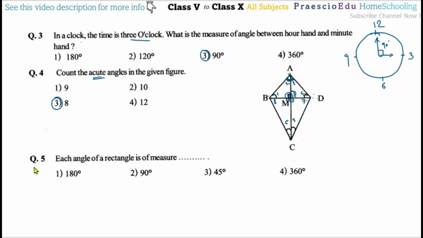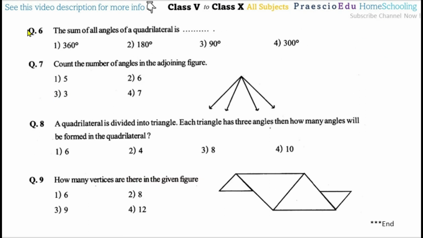Now question number 5, each angle of a rectangle measures 90 degrees. We know a rectangle means all the sides are at 90 degrees with each other, only then it will be a rectangle. So 90 degrees means option number 2. Then question number 6, the sum of all angles of a quadrilateral. A quadrilateral has 4 angles.